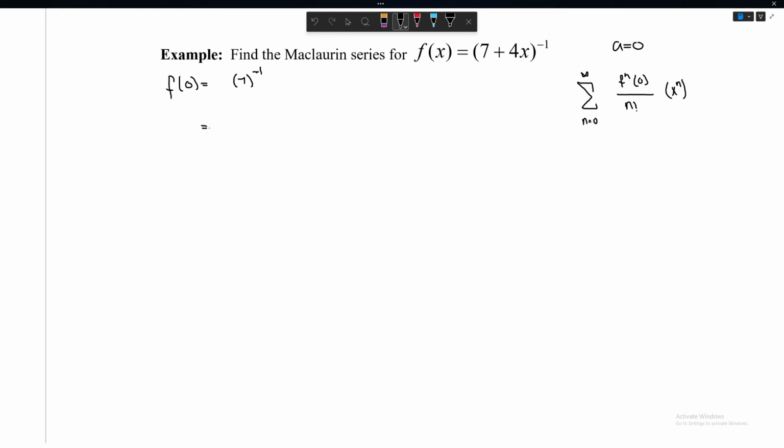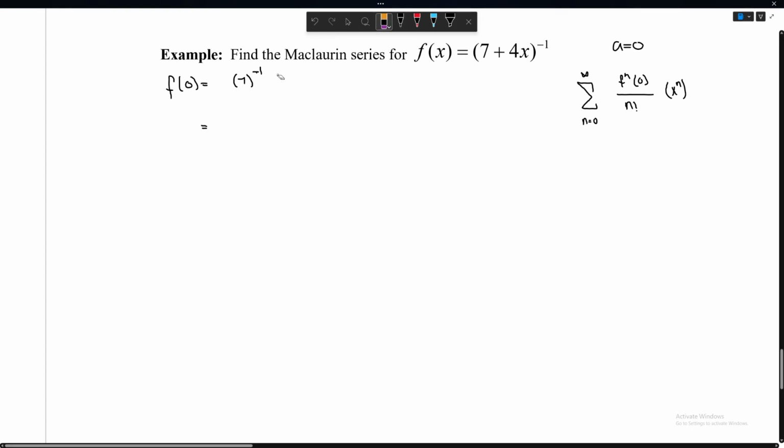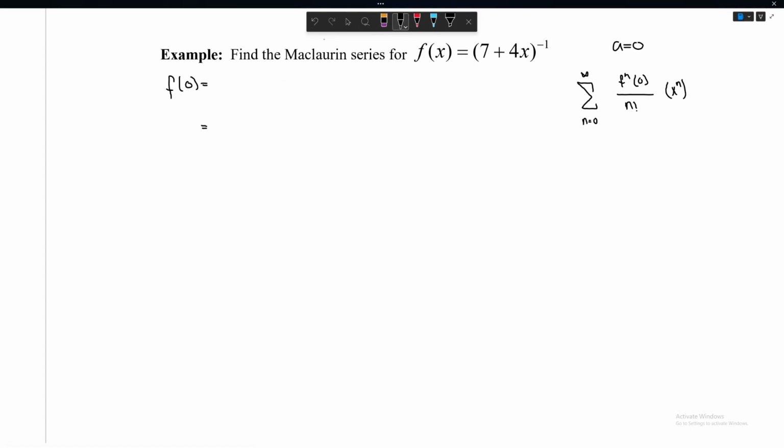Then I will get, if I derive this, oh, actually, yes, I might have made a mistake here. Yes, I made a mistake here, because when you derive this as a 7, this would just turn into 0. So you actually do have to do the two steps. Is deriving it like this, then you plug in your 0. Okay, so good thing I caught that. Okay, so for this one is just 7 plus 4x.